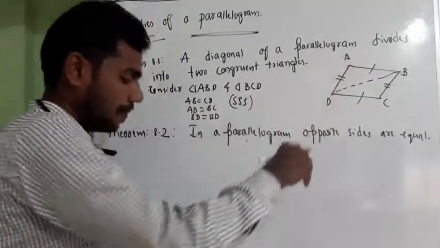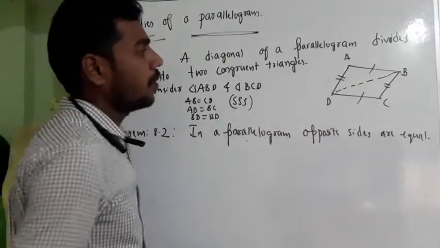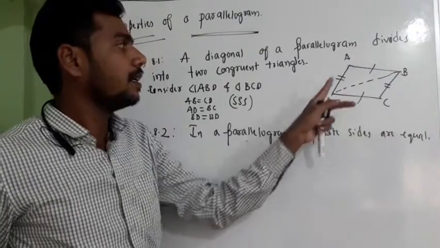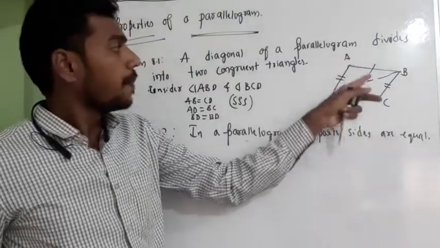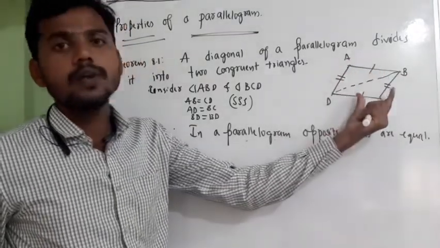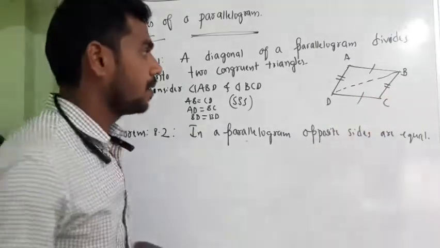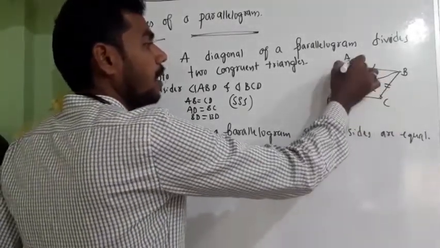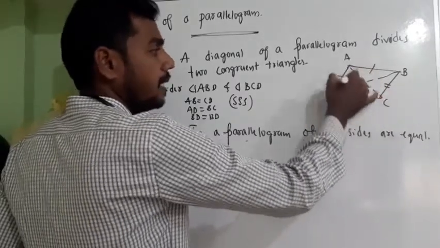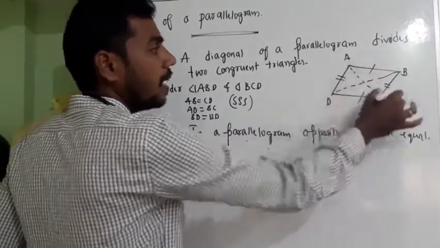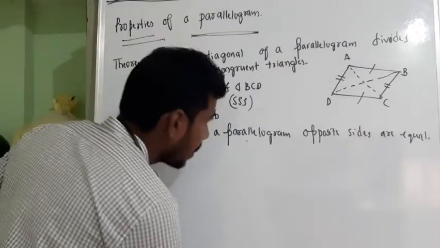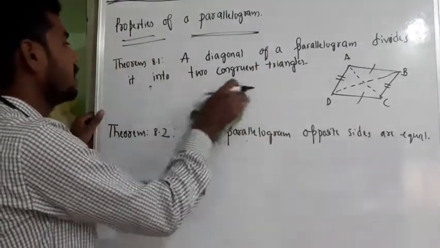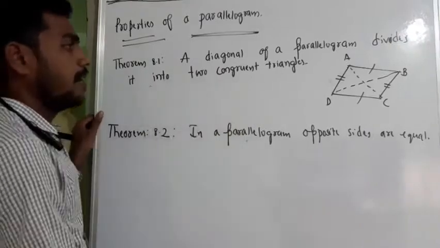The name may differ. It can be LMNO or anything. So if you draw a diagonal, it divides the parallelogram into two congruent triangles. Even if you draw one more diagonal, triangle ADC will be congruent to triangle ABC. So this is one of the theorems. You need not prove it, I just wanted to show you. That is the reason I gave a proof part.